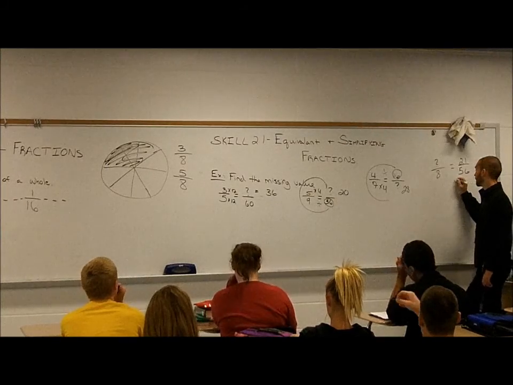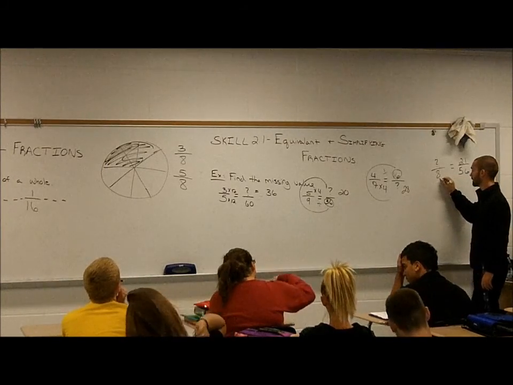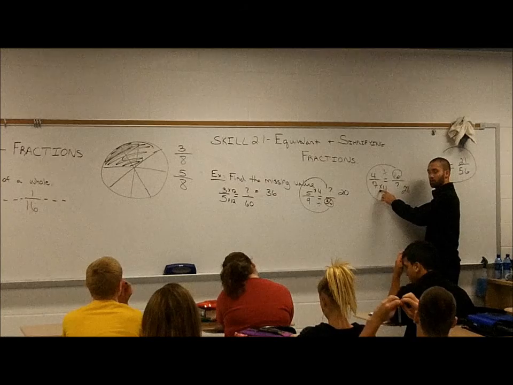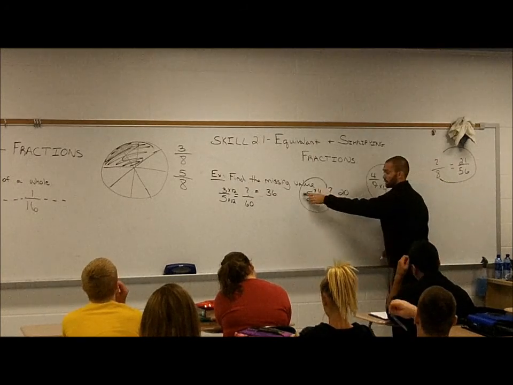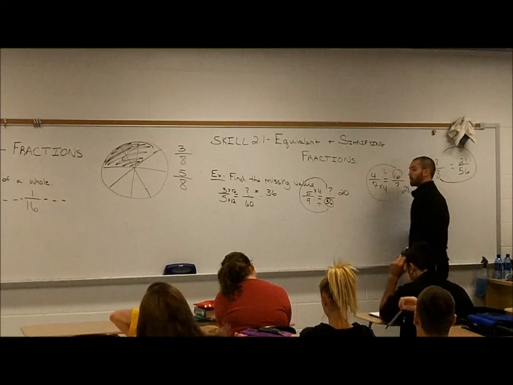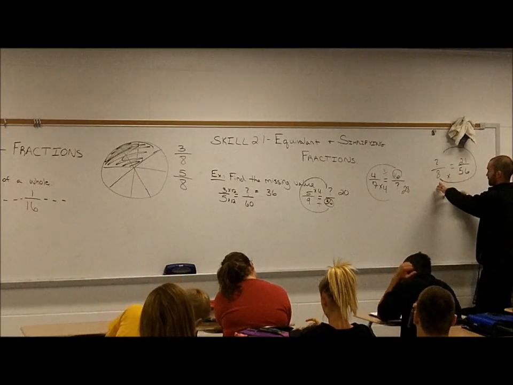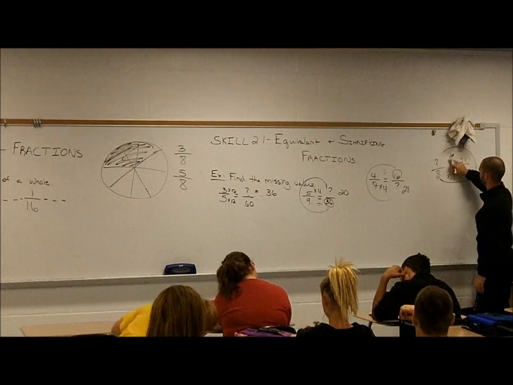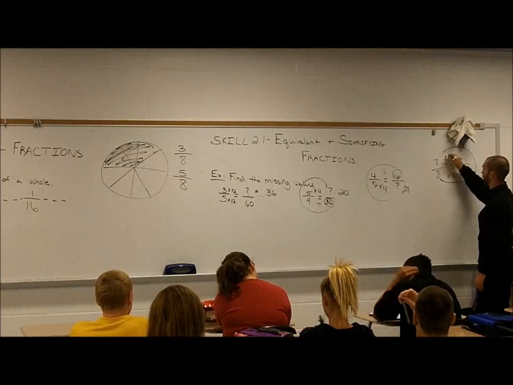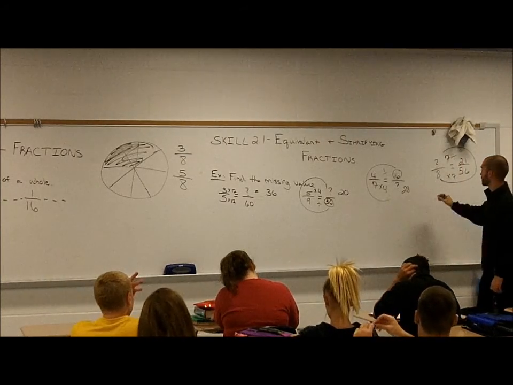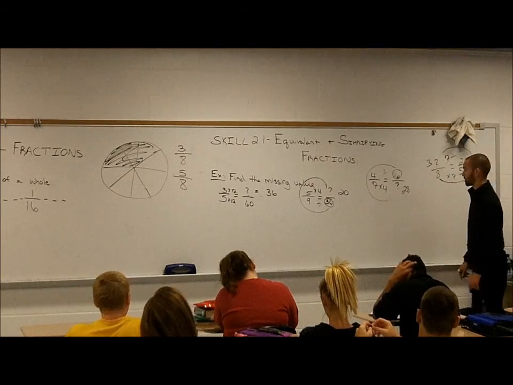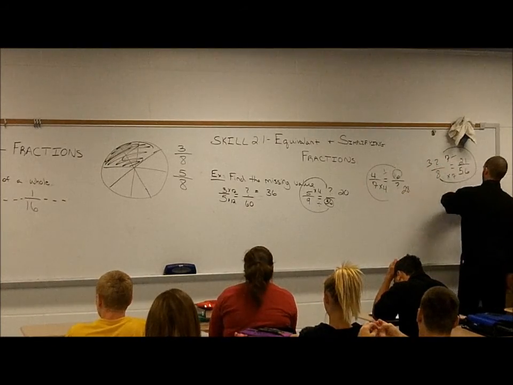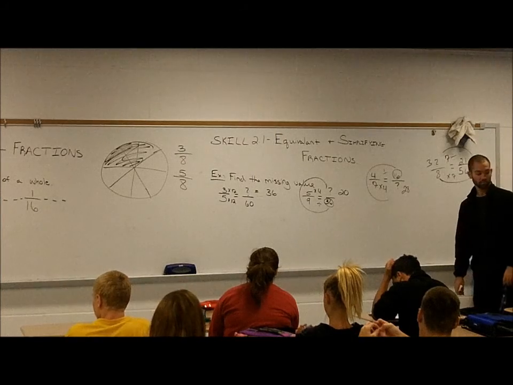You have to multiply, because which way are we going now? Left to right. Remember when we went left to right here, what did we do? We multiplied. So 8 times what is 56? 7. So then we need to divide 21 by 7. What do we get? 3. So when your circle is going this way, it's divide and multiply. When it's going this way, it's multiply and divide.